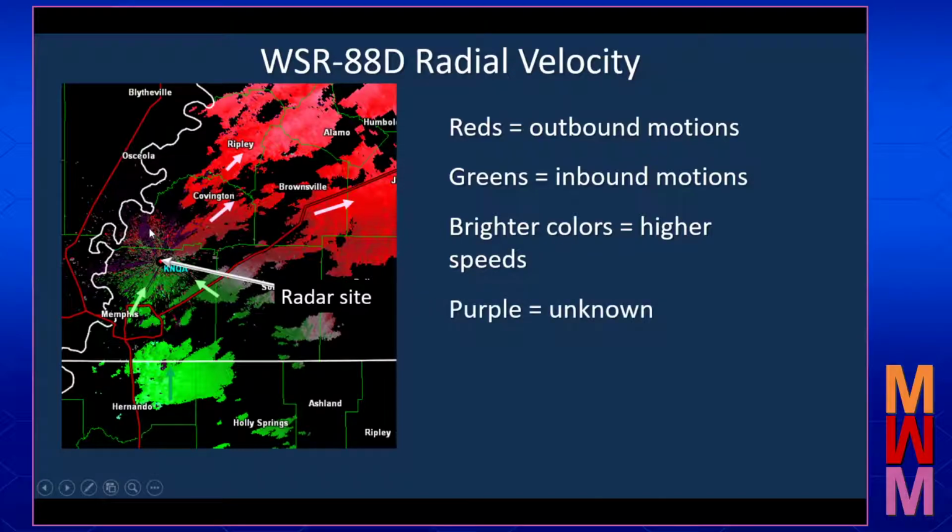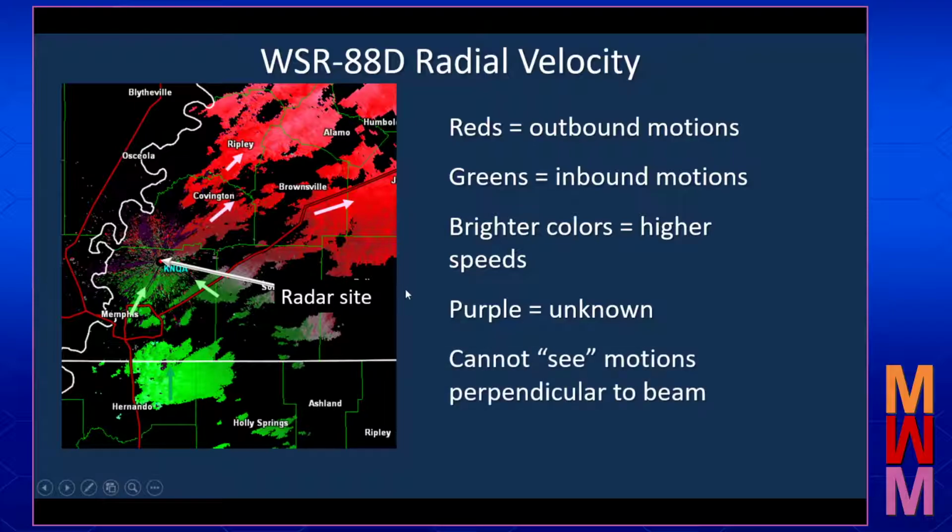Now, there will often be some areas of purple, like we see in here and off to the west and a little bit to the northeast of the radar site. And that is, its official name is range folding, and that's basically the radar system saying I cannot give a reliable velocity estimate here, so I'm just going to color it purple and say I don't know.